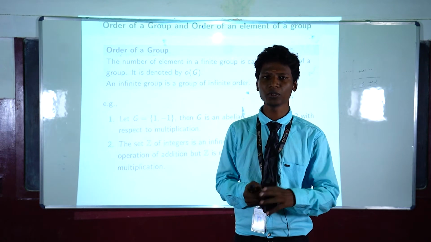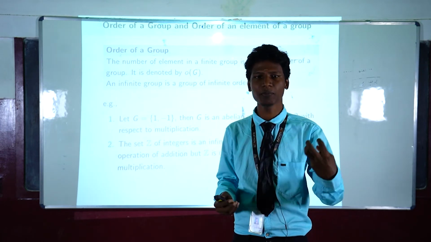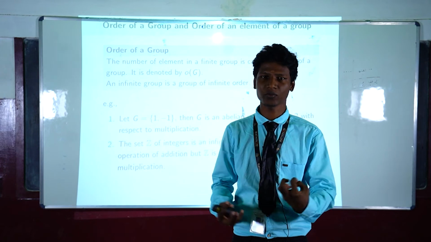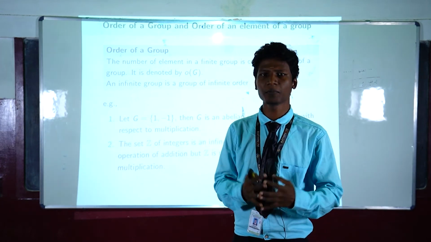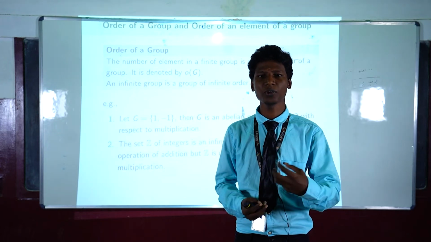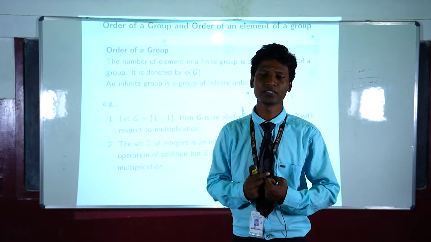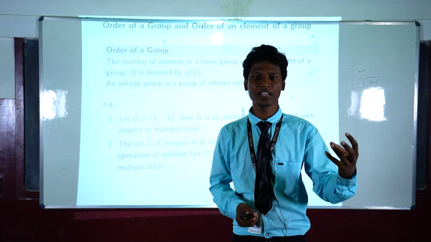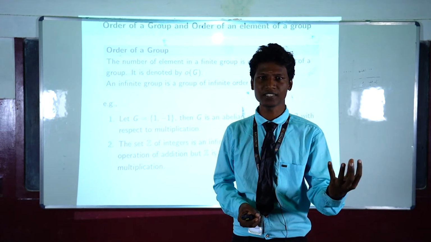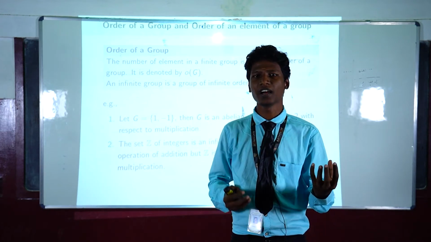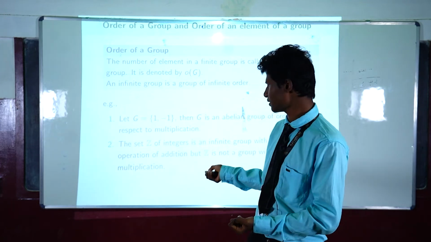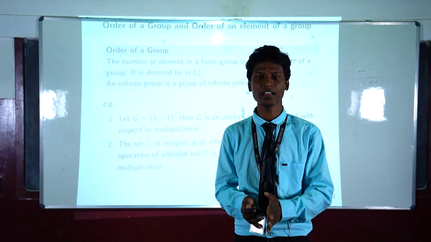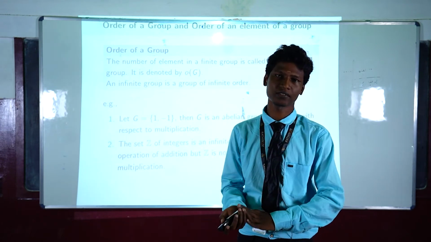When we take the element 1, the inverse is minus 1; for 2, the inverse is minus 2. For multiplication, the identity element should be 1. If I take 2 from Z under multiplication, I need an inverse that should be 1 by 2, but 1 by 2 does not belong to Z. So Z is not a group under multiplication.